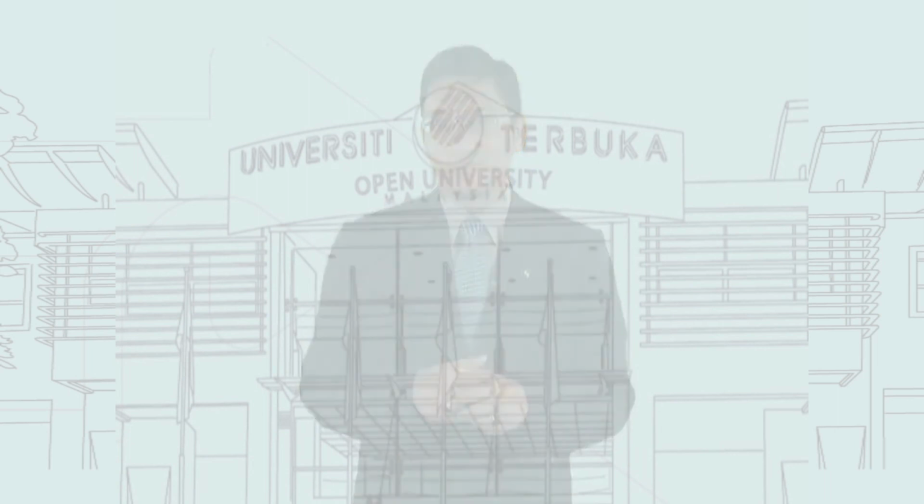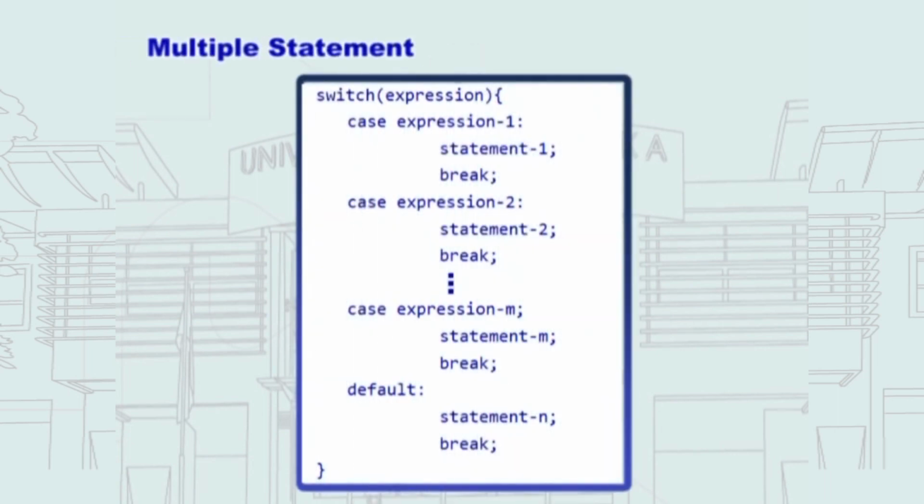Take a look at the general syntax of switch. Notice that you have to write the word switch followed with the expression in the bracket. Then all choices are written within a pair of braces. Each choice is represented by the word case and followed with a colon symbol.